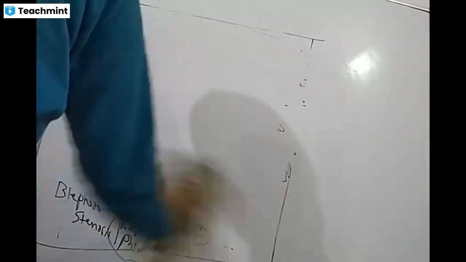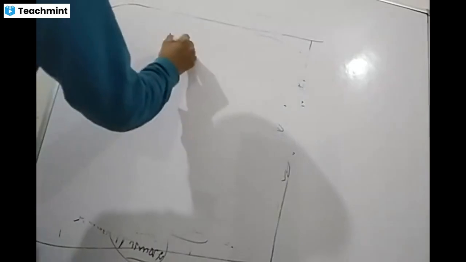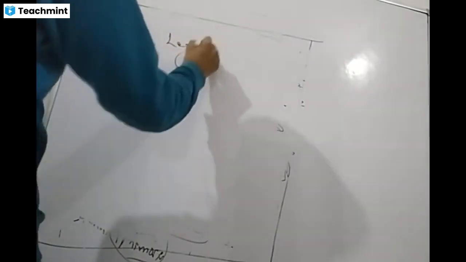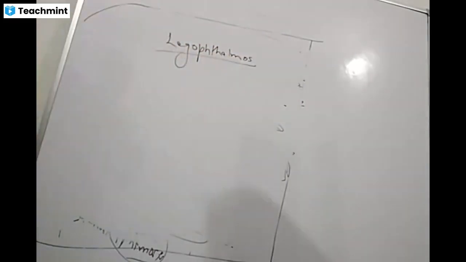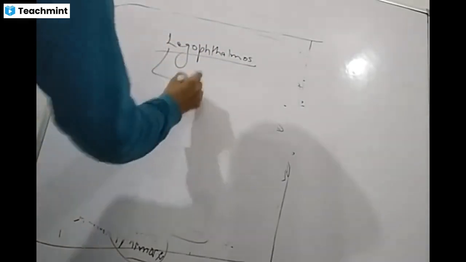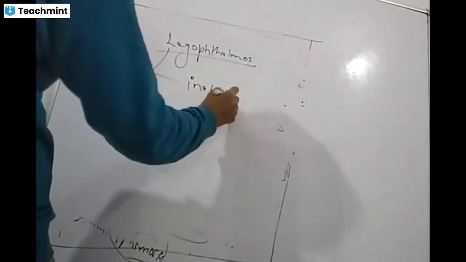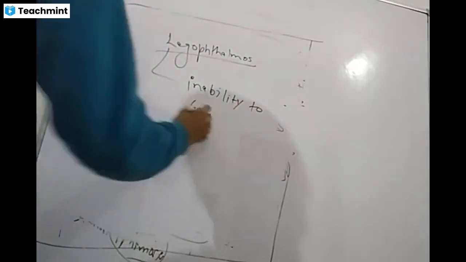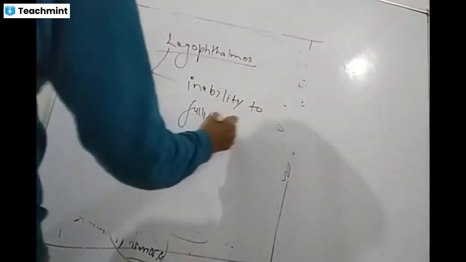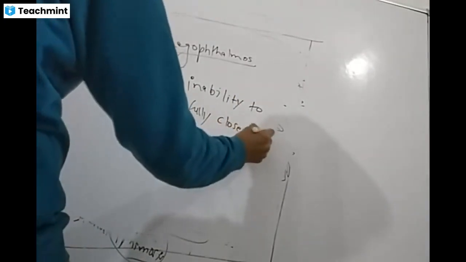Similarly, there is lagophthalmos. There is one condition, lagophthalmos. What is lagophthalmos? The definition is inability to fully close the lid.